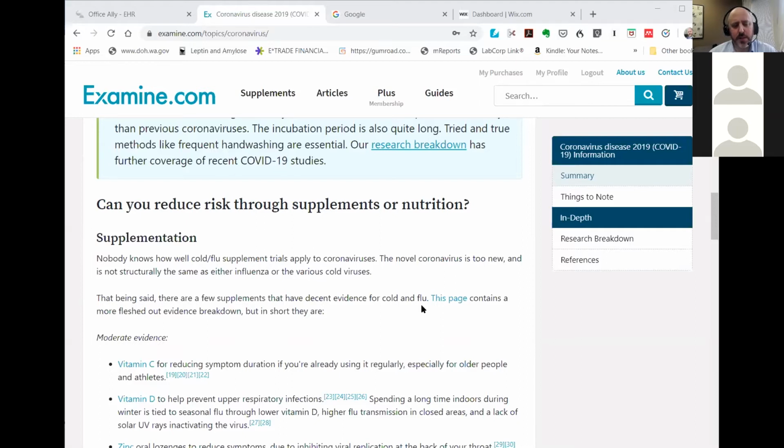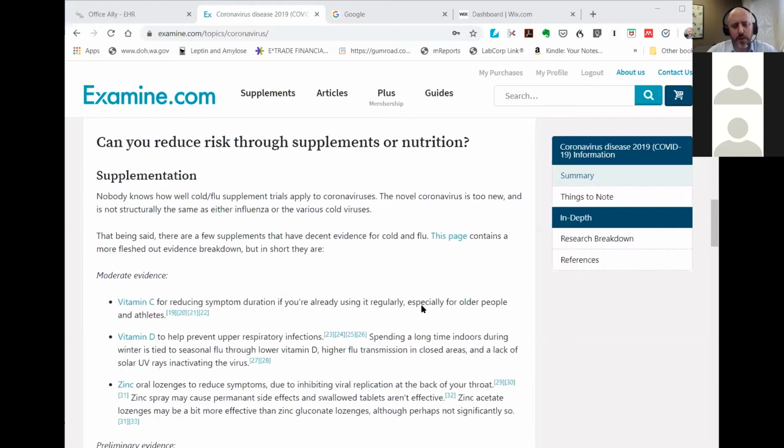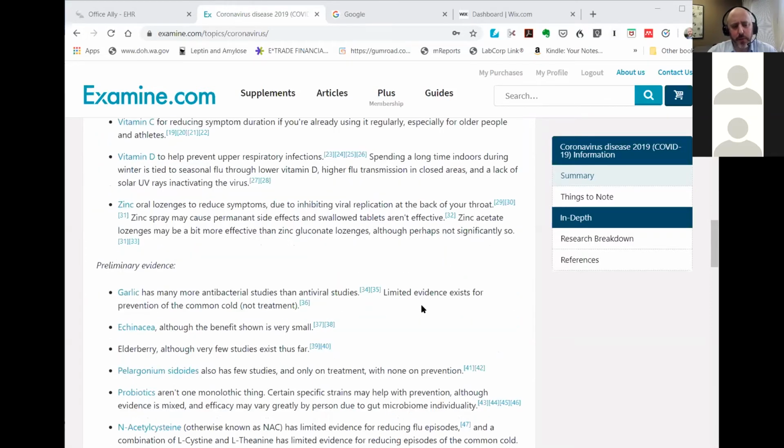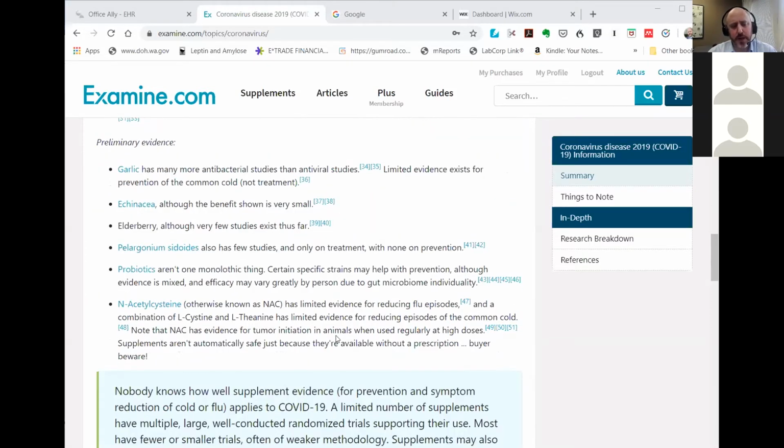And zinc, if the virus gets into your body, will prevent viral replication. We've covered a lot of good strategies so far. I think we've done a really good job. Like NAC, we've talked about with boosting glutathione, and also it's a mucolytic.